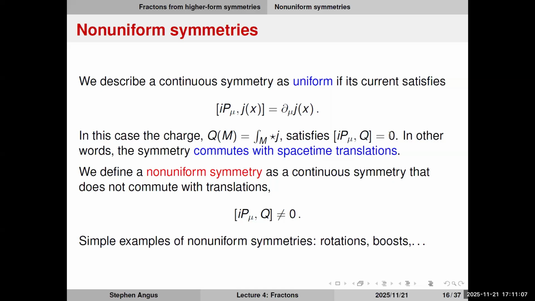So if this commutation closes down to partial_mu J, then the corresponding charge will commute with space-time translations. So this is a uniform symmetry, and a non-uniform symmetry we can define as a continuous symmetry that does not commute with space-time translations. So a commutator of P and Q is non-vanishing. And this is actually a very standard thing. Simple examples of non-uniform symmetries are rotations and Lorentz boosts, for example.